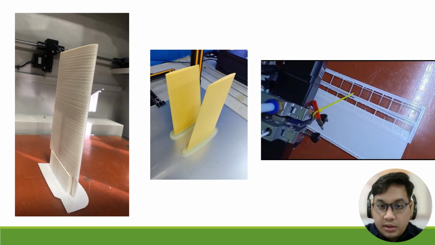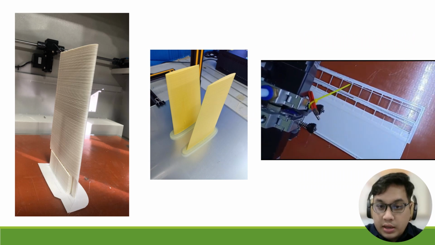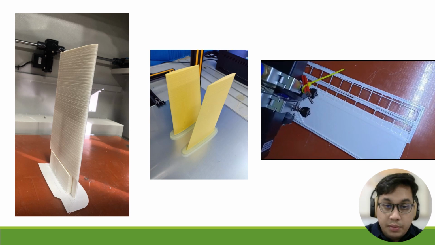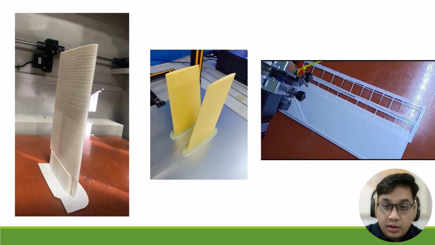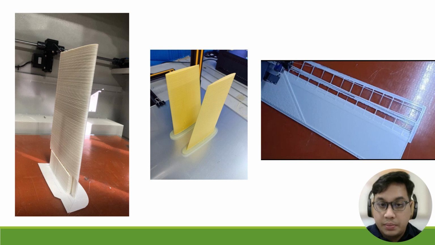More or less, these are the things that usually take the most time, which is making sure that the 3D printing process turns out with a good product and a good surface.